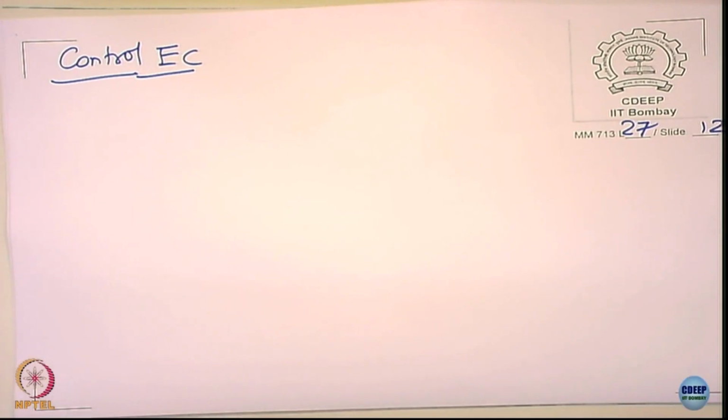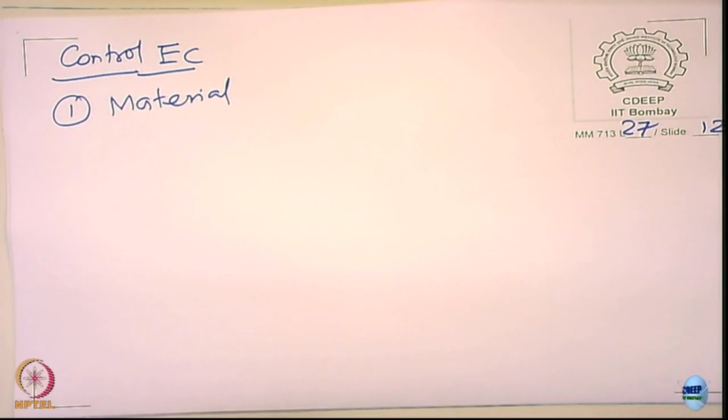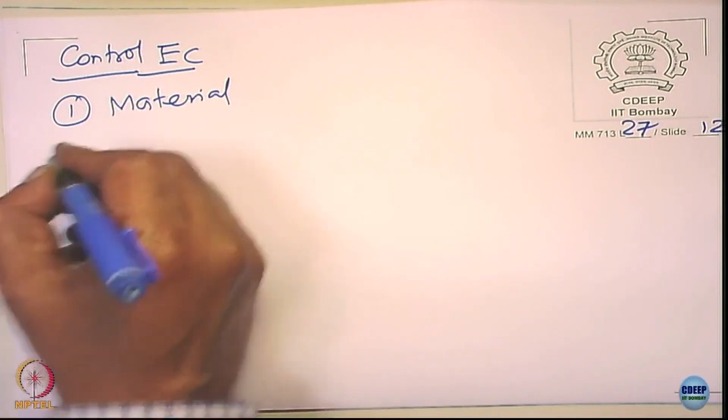What are the ways that you can do that? Material selection. One is the material. Select a better material that has good erosion corrosion resistance. It comes from the hardness plus the corrosion resistance properties. Okay.